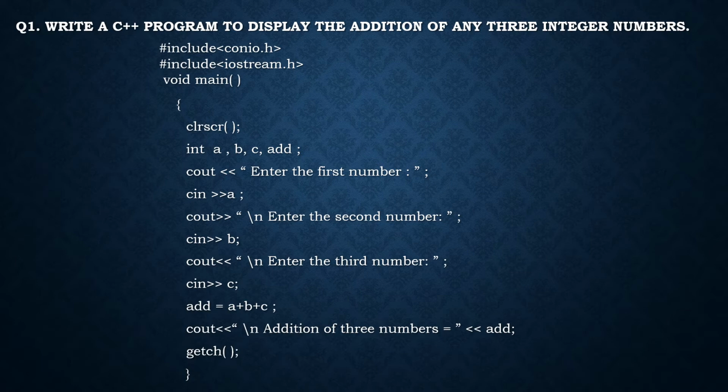So before writing the program, you have to decide how many variables you need to declare. Here I need 4 variables, 3 for storing 3 numbers and 1 for storing the result. You can take any kind of variable name.